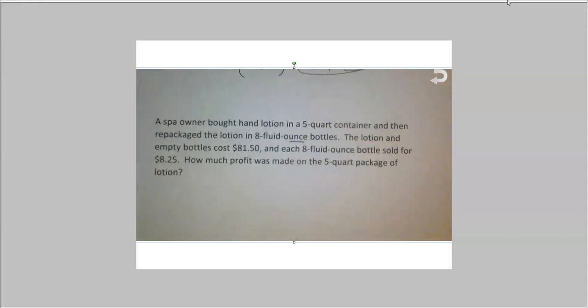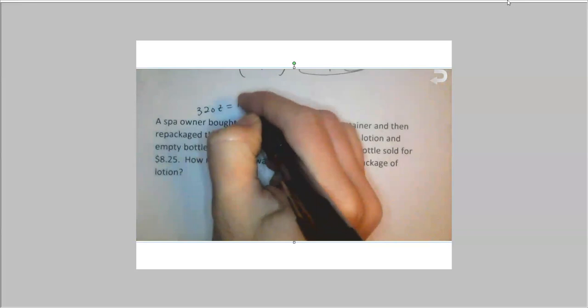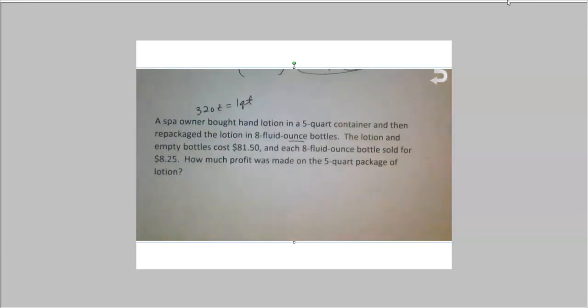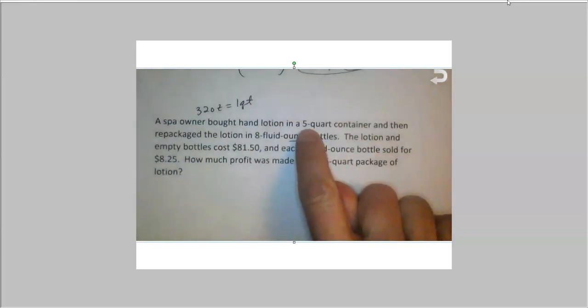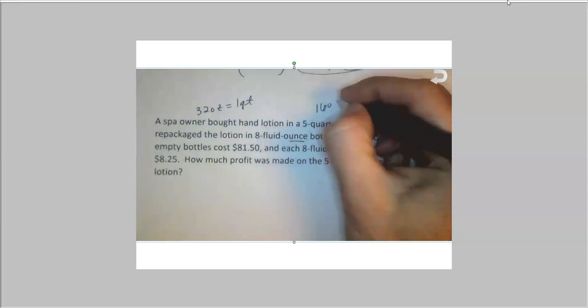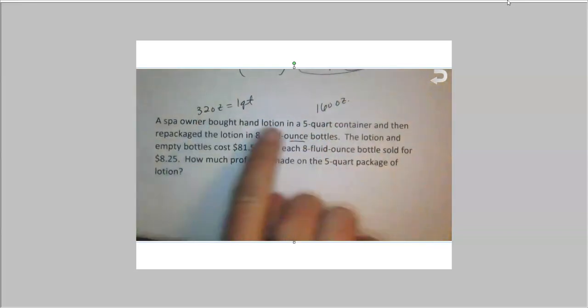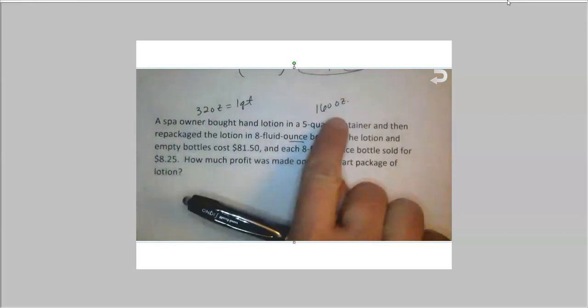So I've got to convert quarts to ounces. Okay. My paper says that there are 32 ounces in 1 quart. So I have 5 quarts. 5 times 32 would be 160 ounces total.